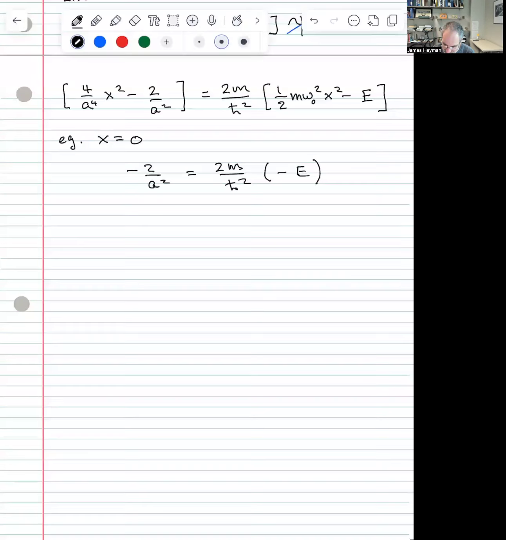So the constant terms have to be the same, and the terms that vary like x squared have to be the same. By setting x equals 0, we see that the constant terms have to be the same. Okay? And then we can simplify this. Cancel out the negative signs, and we'll invert. I think I messed that up, so let me rewrite that.